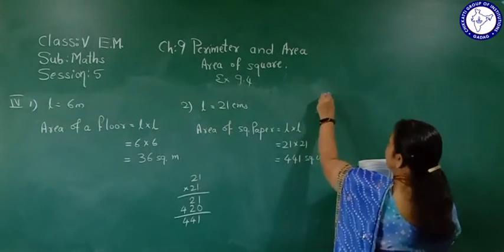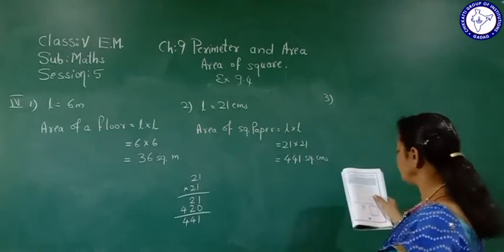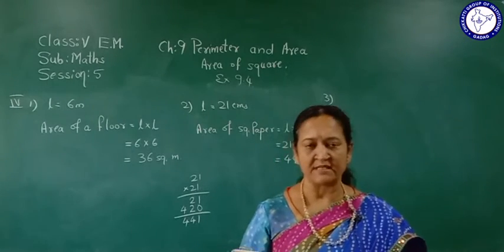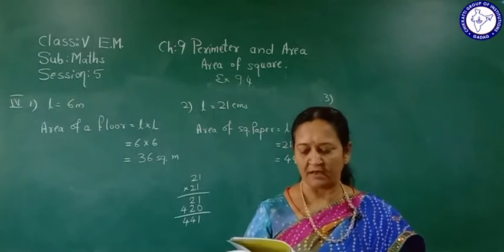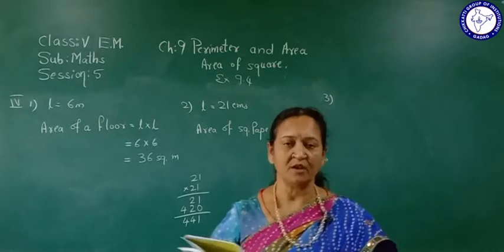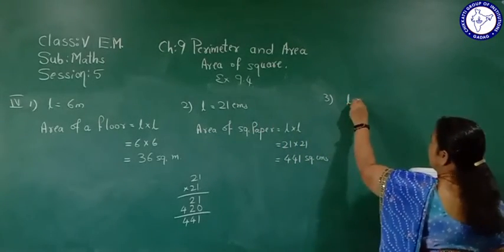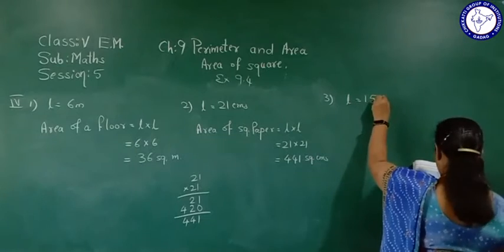Then the third question is the length of a square canvas cloth is 15 meter. Find the area of the cloth. Now here the length of the canvas cloth is 15 meter.